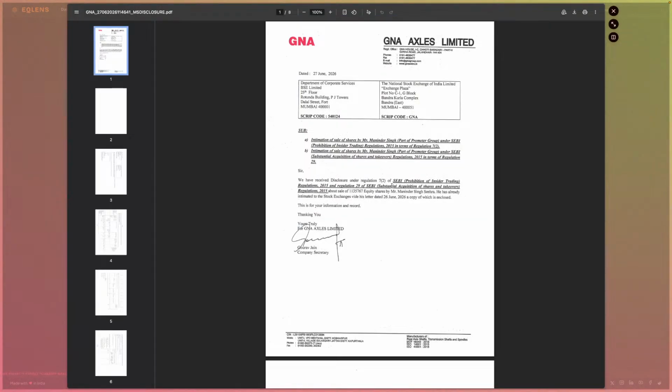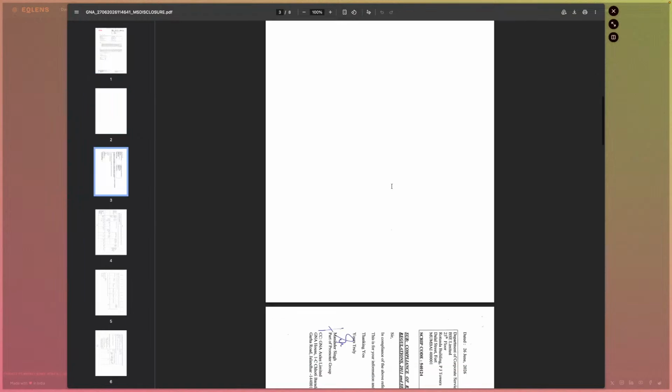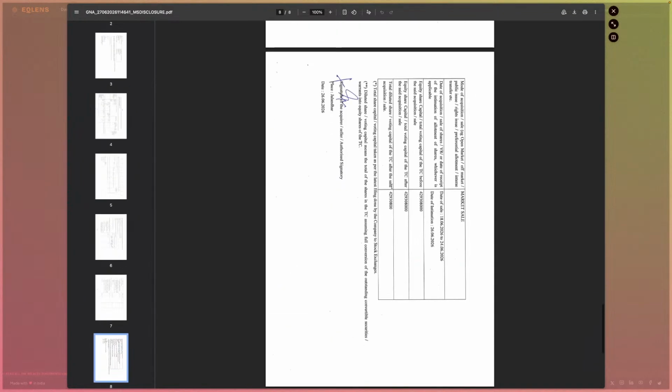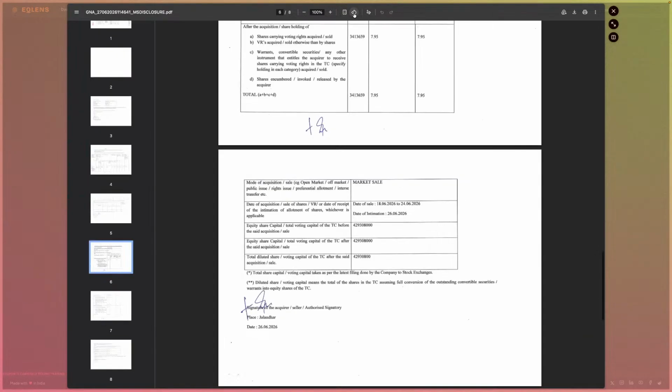I'm a little curious on why did he sell. Is there anything?